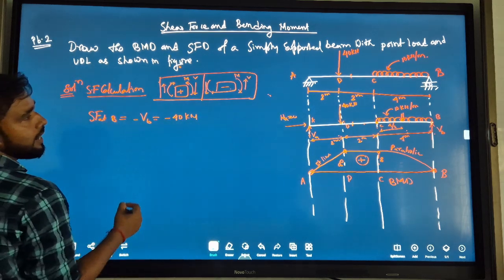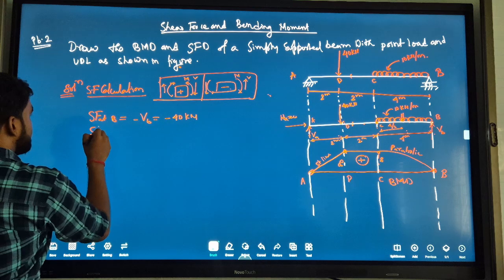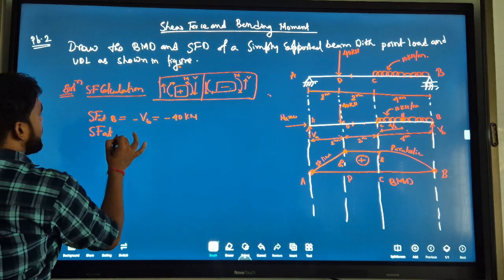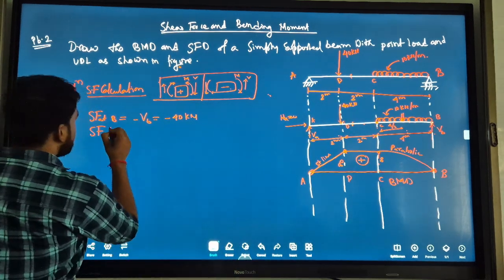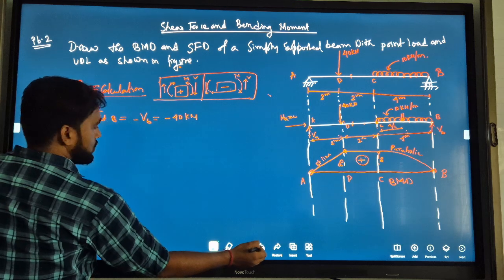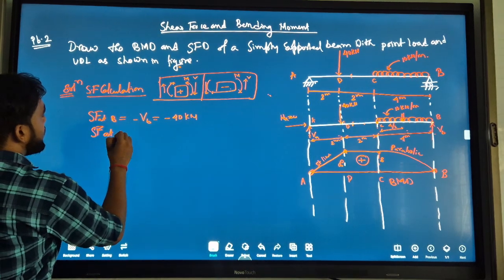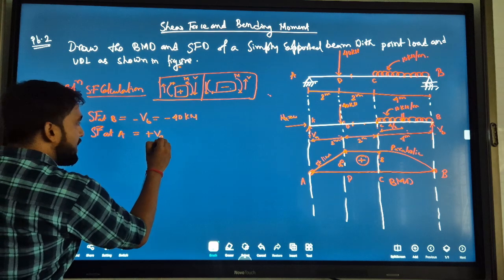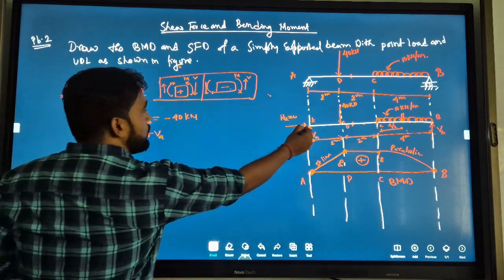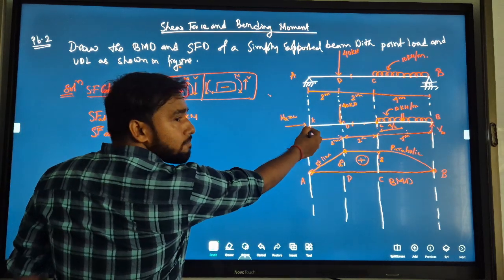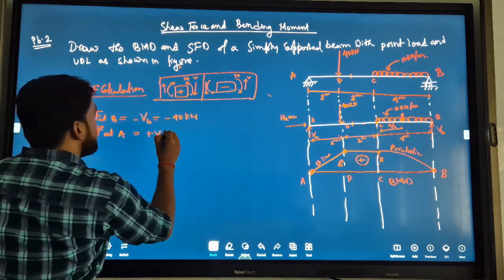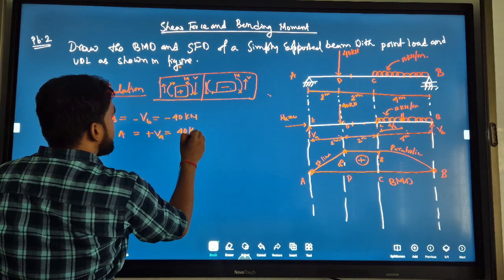Similarly shear force at A. First, shear force at A is plus VA, plus 40 kN.